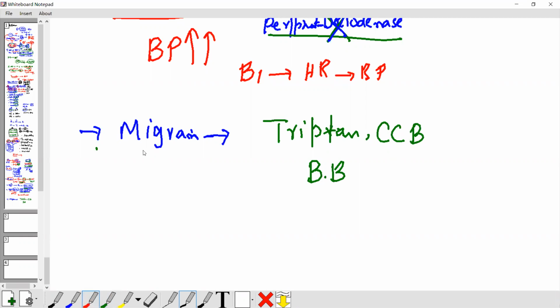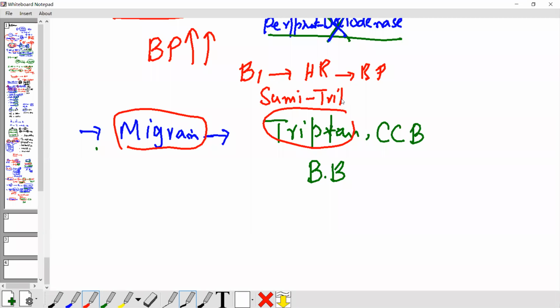For prophylaxis, if the patient has a migraine attack, at that time you can go for a triptan, such as sumatriptan, from the triptan family. So we have options for migraine, including beta blockers.